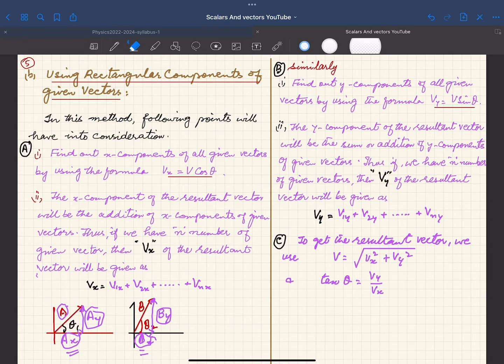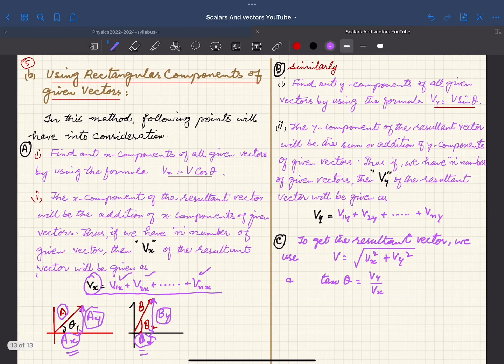If you have n vectors, then Vx will be equal to the sum of their respective x components, V1x, V2x up to Vnx, and you will get the x component of the resultant vector.